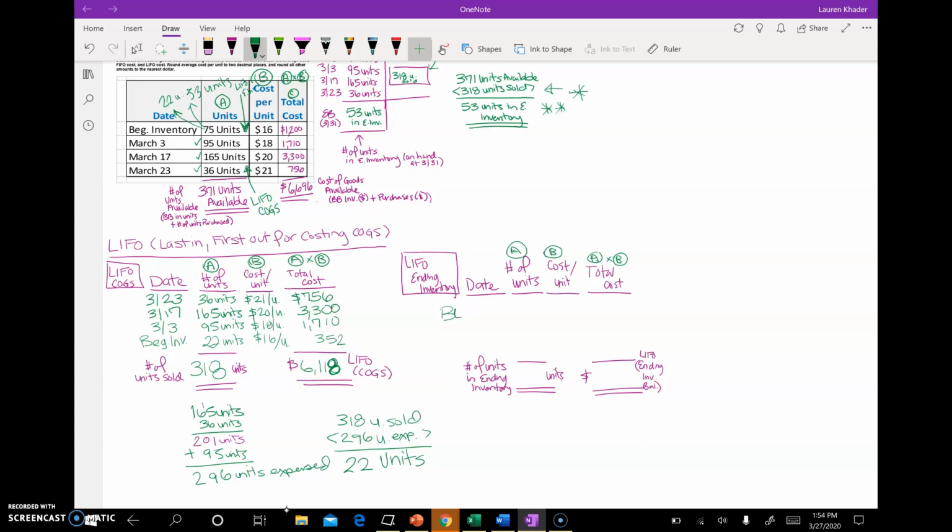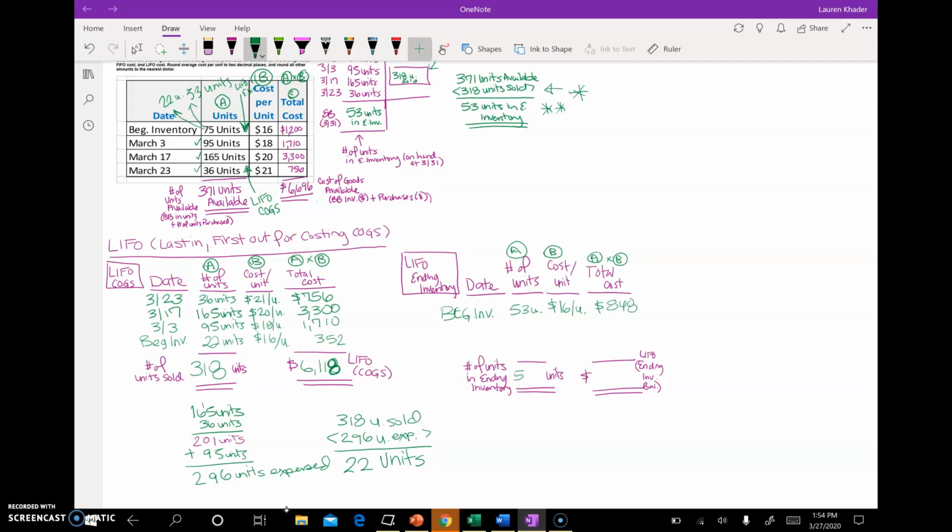Beginning inventory, 53 units from beginning inventory are left over. We didn't sell them, so we are not expensing those. They're left to be sold in the future at $16 per unit. Total cost for that layer that's sitting in inventory is $848.